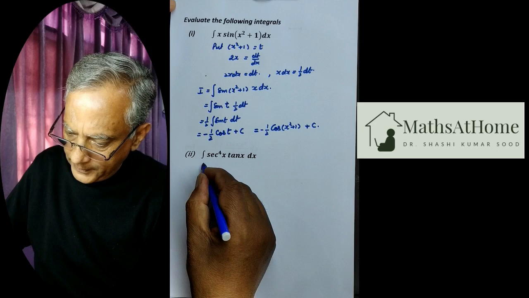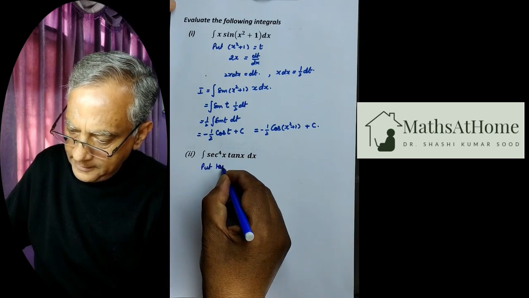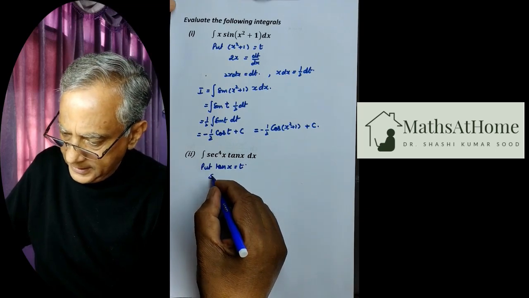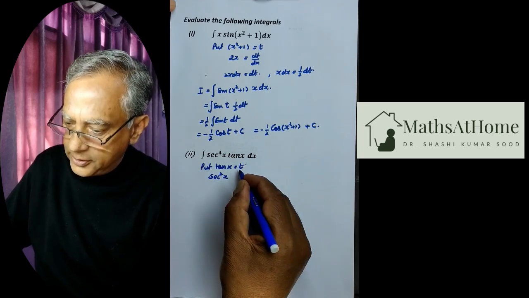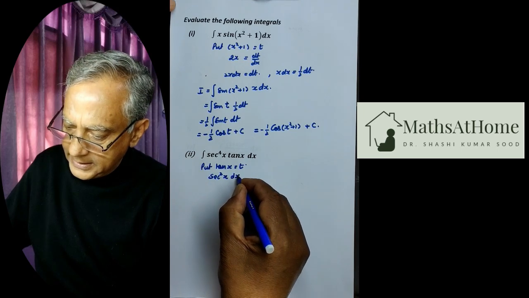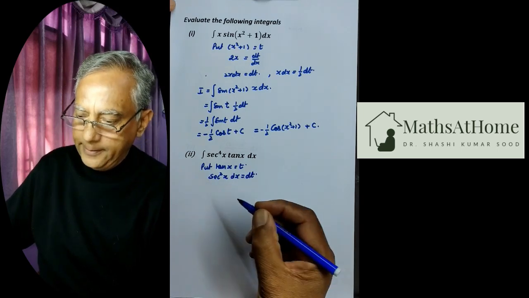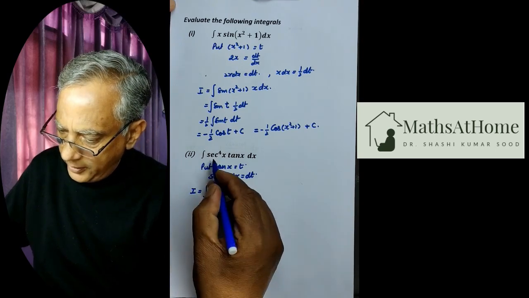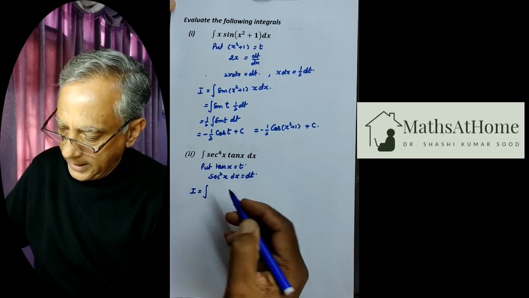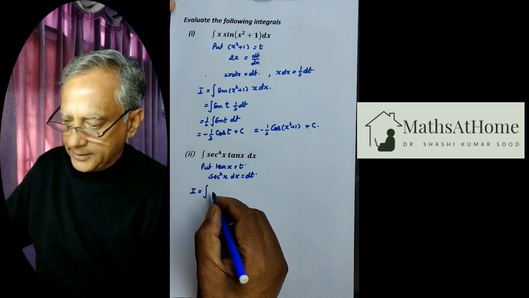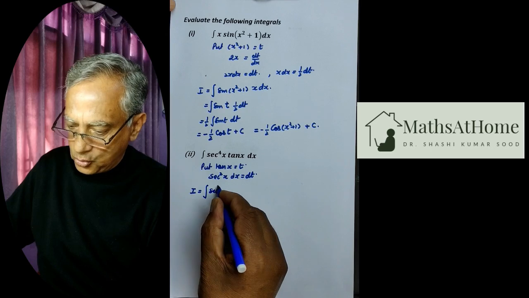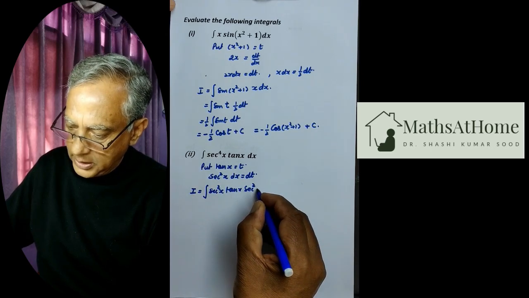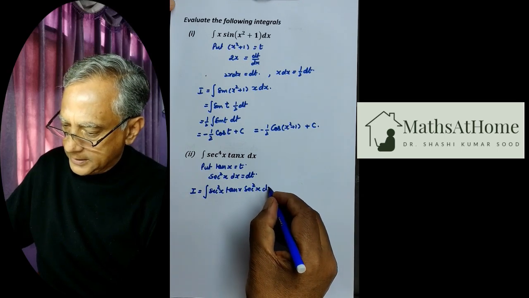If we put tangent x equal to t, then secant square x is equal to dt by dx. Therefore, secant square x dx is equal to dt. And therefore, this I can be written as, we will separate secant square x from here and combine it with dx. So this will be equal to secant square x tangent x into secant square x dx.